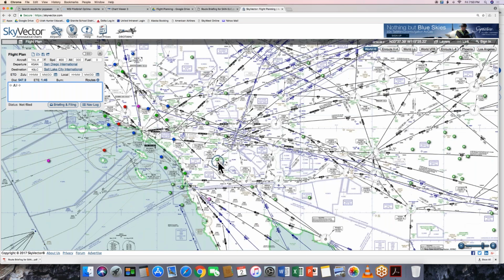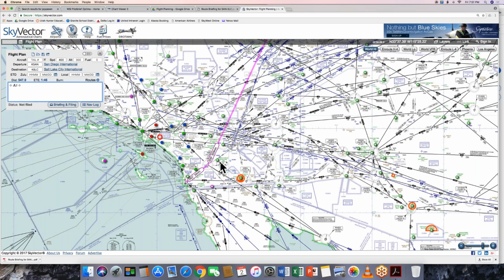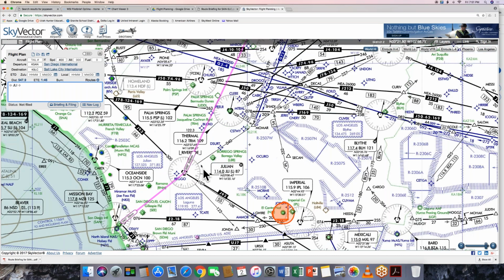So that being said, if we look at Julian, it gets us kind of in that northeast route, but we don't see any jet routes connecting us to any of these other VORs that continue us out on that.